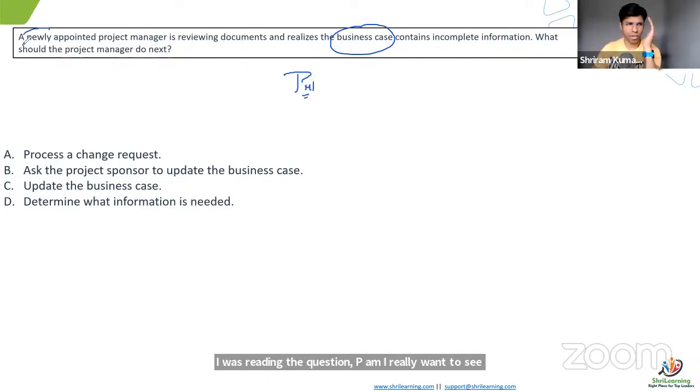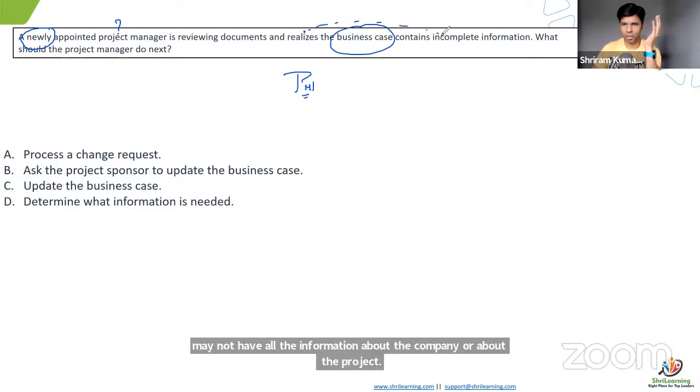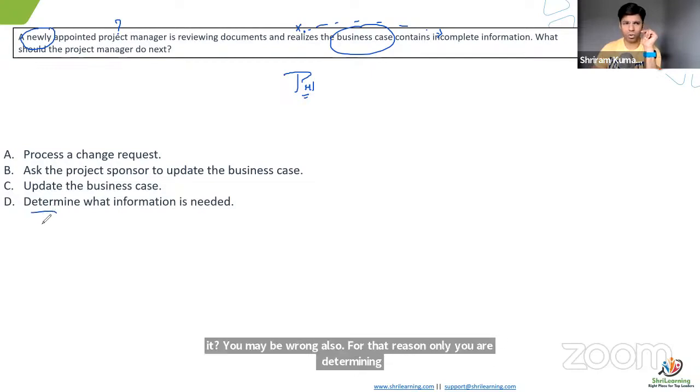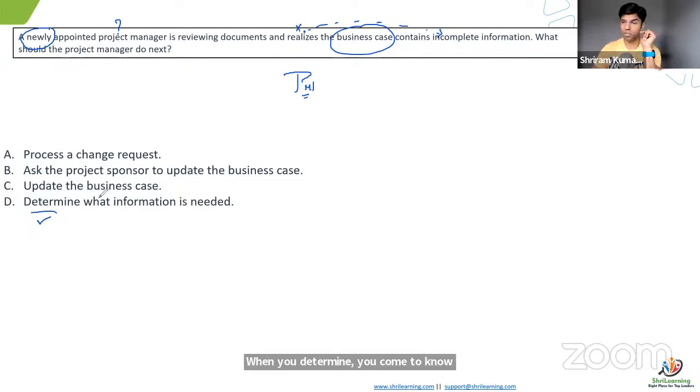Because this is a newly appointed project manager, you may not have all the information about the company or the project, and you realize something is incomplete. You may be wrong also, isn't it? For that reason only you are determining. When you determine, you come to know, okay, we can live without this information also. Is this possible?